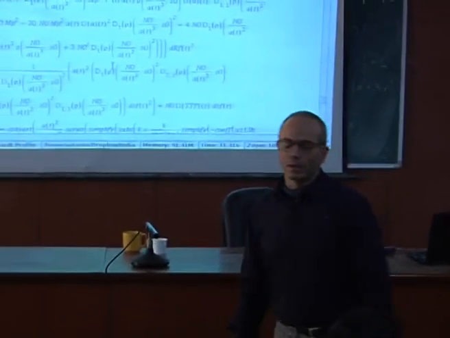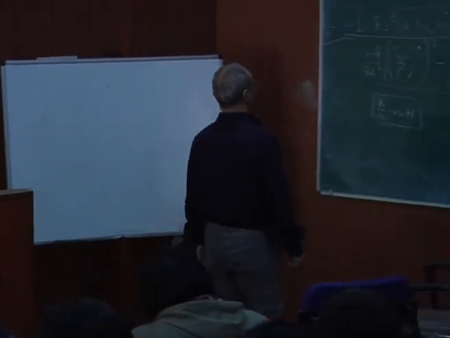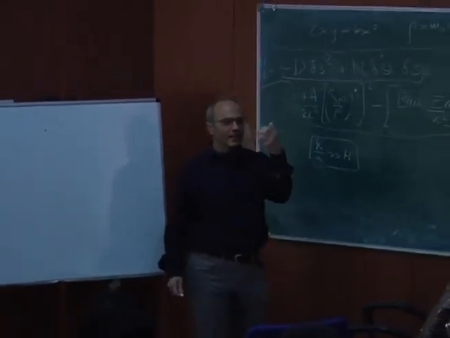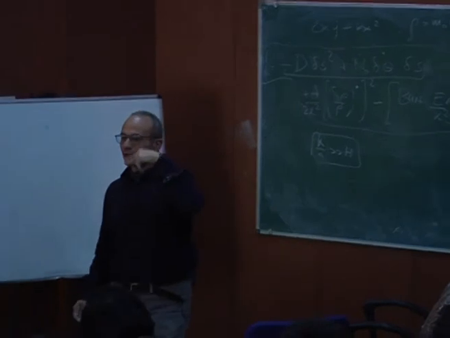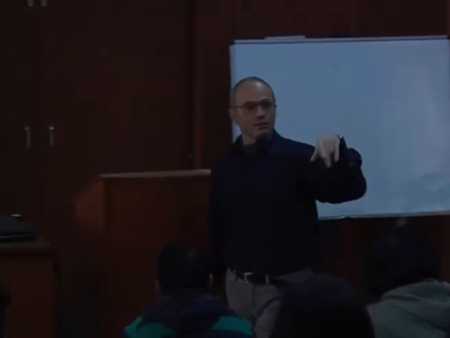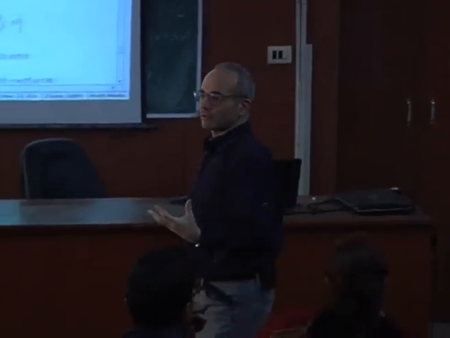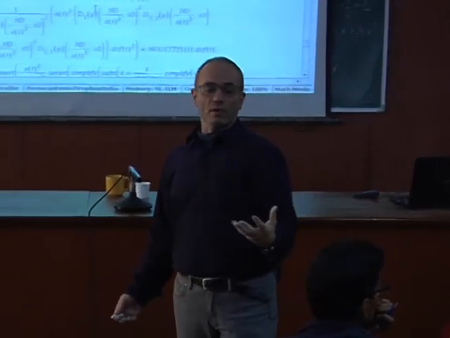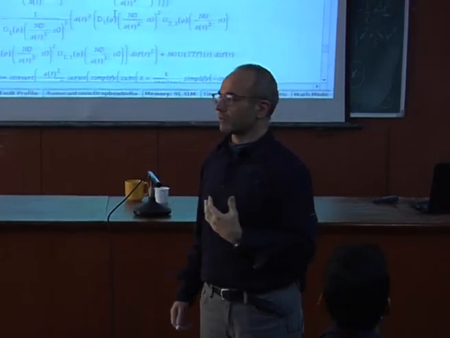So usually, like this cosine kx, now k becomes very large, so I'm looking at very fast oscillations. Very energetic modes, which we usually say are sub-horizon.